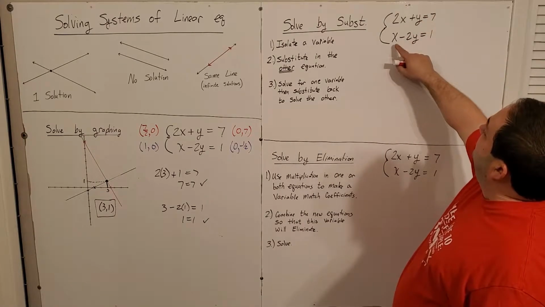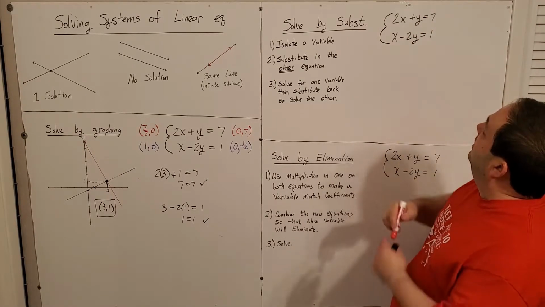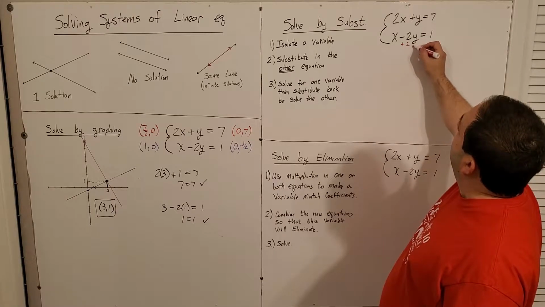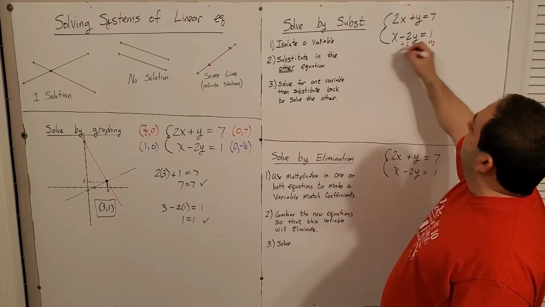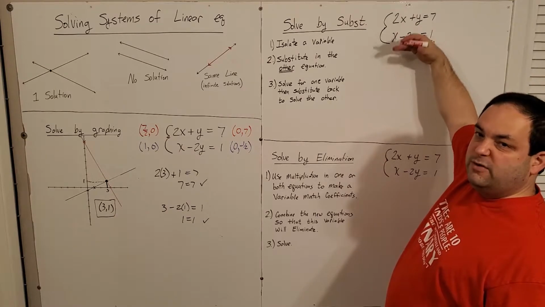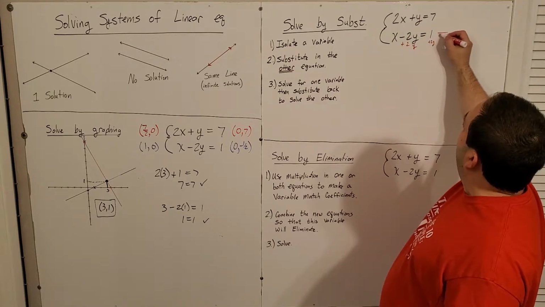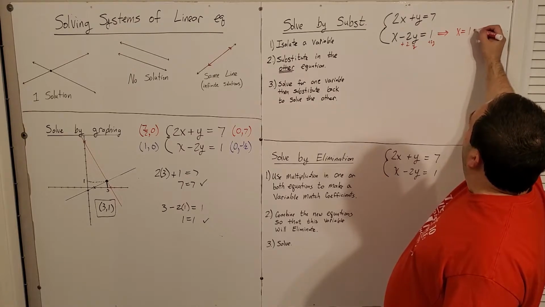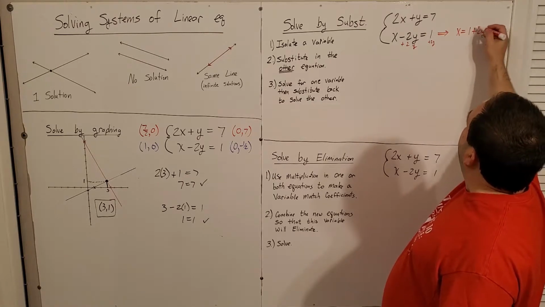So what I'll do is I'll pick this bottom one right here. I'm going to add 2y to both sides. And that only counts in that bottom equation. I'm just focusing on that bottom equation. And what happens is I get that x is equal to 1 plus 2y, right?